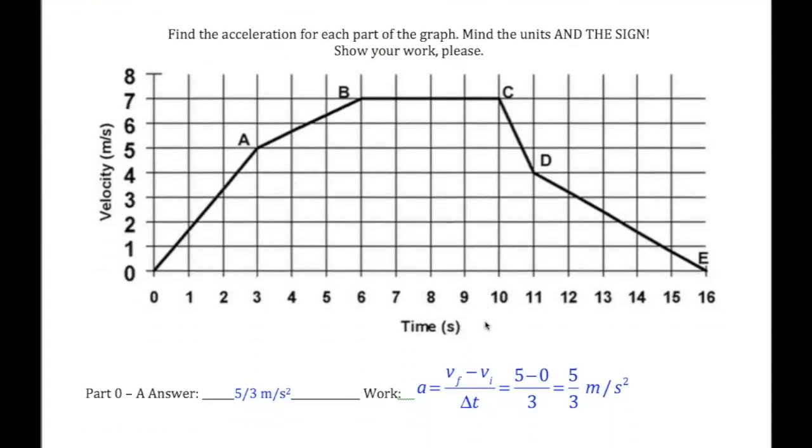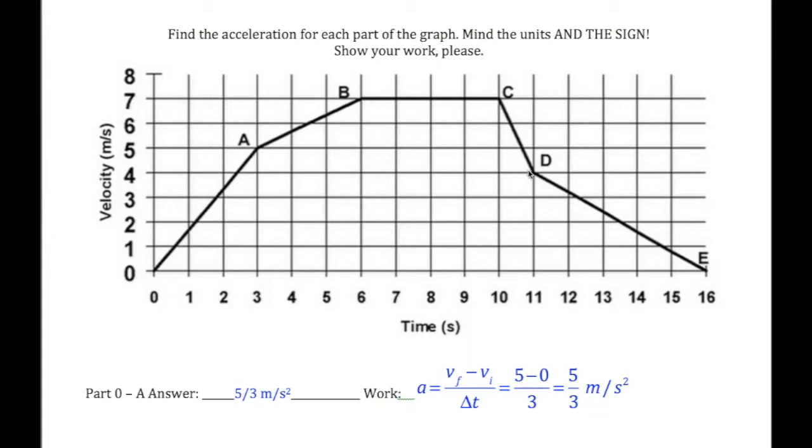The next part of this worksheet is with graphs. Here we have velocity in meters per second changing over time. You can see that first, it starts at 0 and goes from 0 to 5 in 3 seconds. That's your first part. It keeps accelerating, but not as much. Then from B to C, it's not accelerating at all because your velocity remains the same, 7 meters per second.